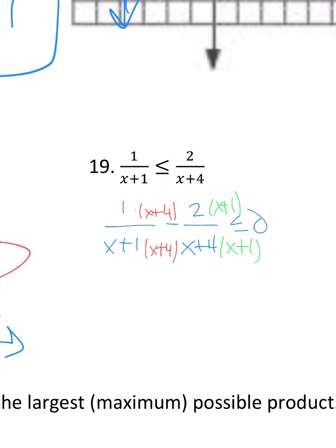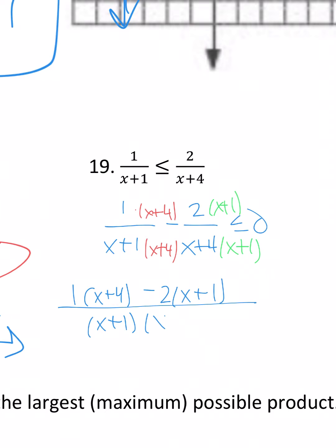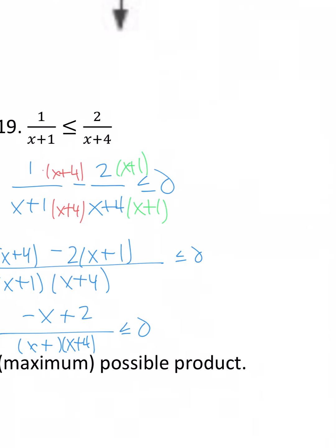And so I'm going to rewrite it as x plus 4 minus 2 times x plus 1 over x plus 1 times x plus 4. And just by distributing and cleaning up the top, I get negative x plus 2 over x plus 1, x plus 4. So it's not as rough as it can be.